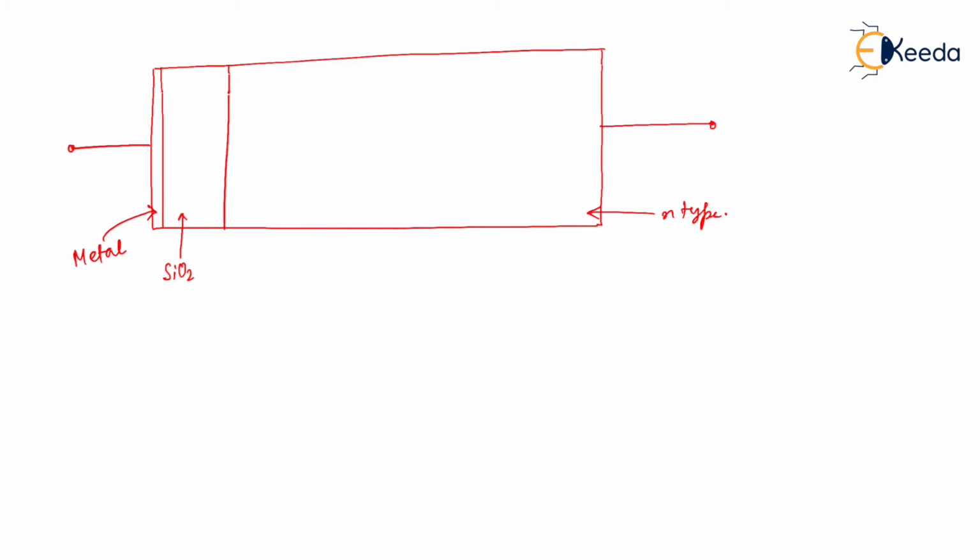So previously without bias, this was the EFN and this is the EFI, and EFN will be near the conduction band.